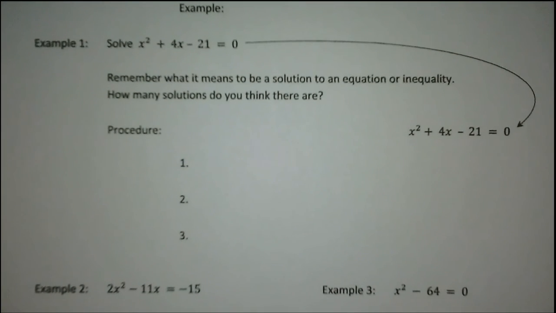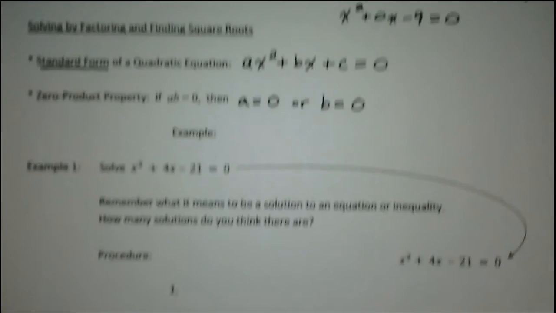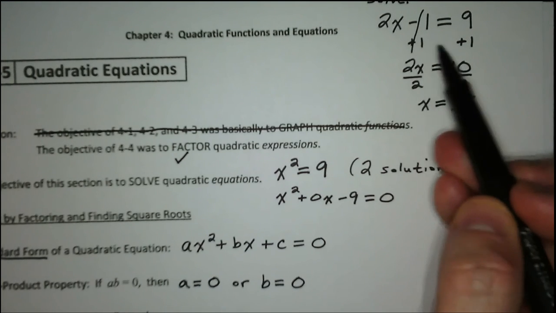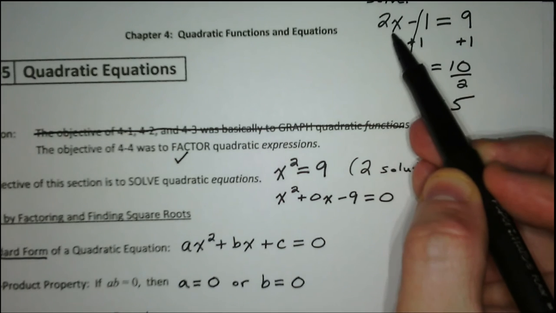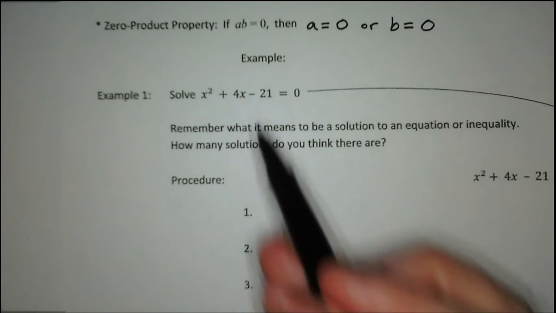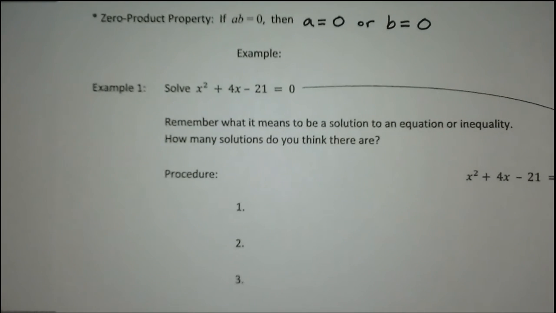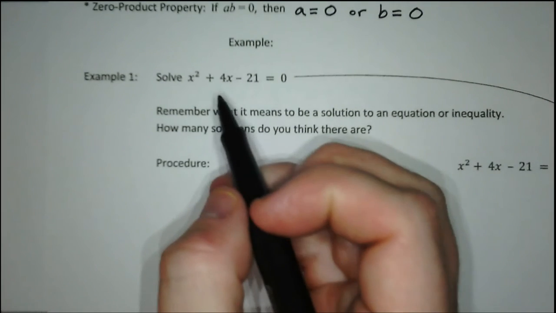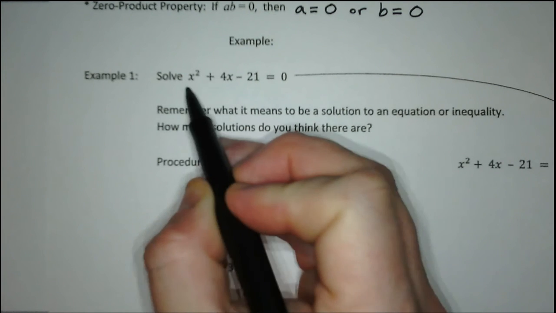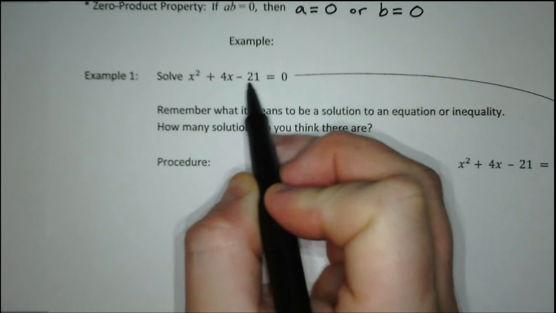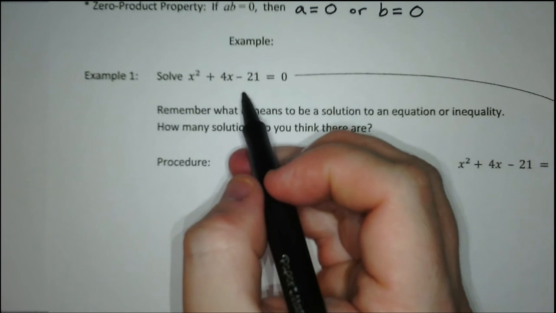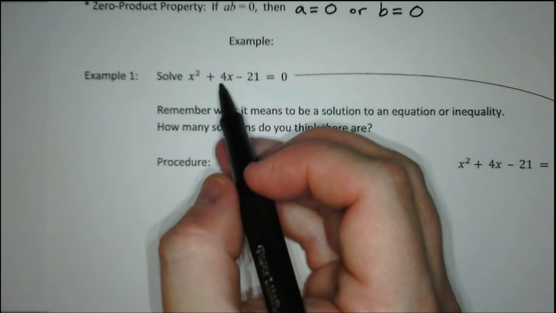By the way, back in 6th or 7th grade, you would just get x by itself. But if I gave you this equation and said, "Take this equation and just get x by itself," you wouldn't know what to do.